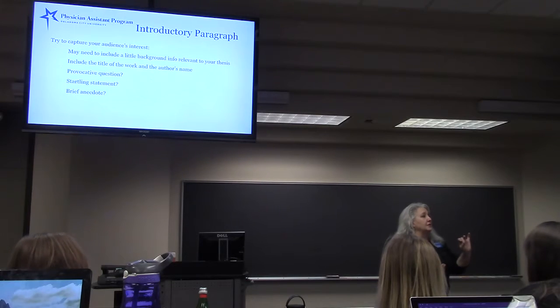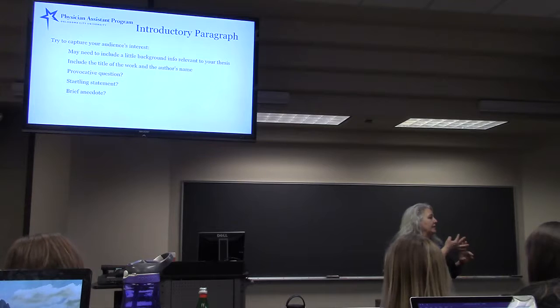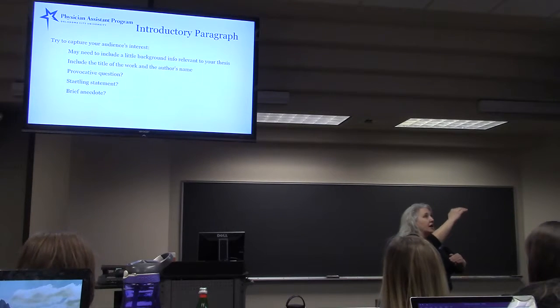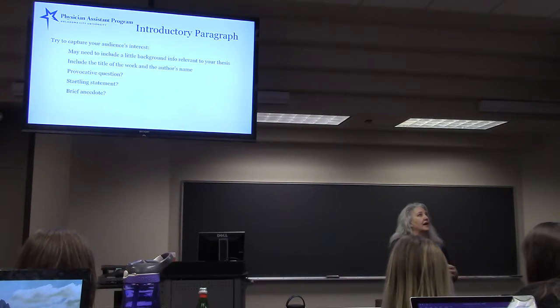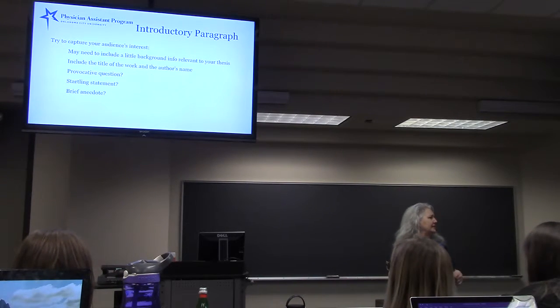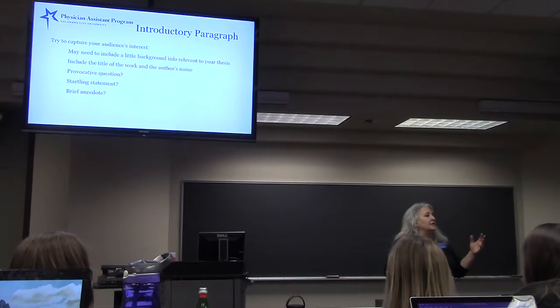You do need to include the title of the work and the author's name so that it can be a freestanding document. Does that make sense? You might have some kind of provocative question to start it out, maybe a startling statement, or maybe a brief anecdote that relates to the story but isn't in the story.